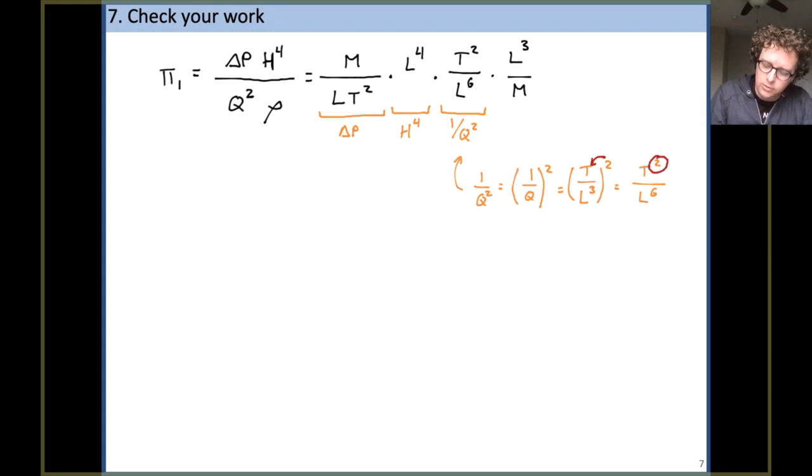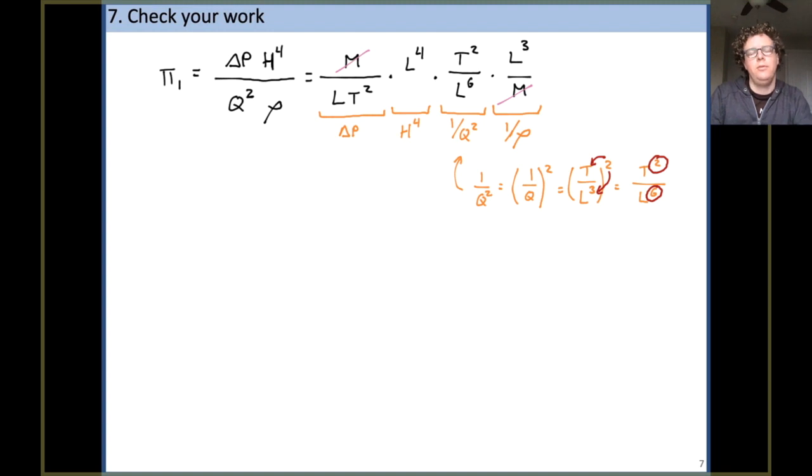So 2 times the exponent of 1 gives us a 2, and 2 times the exponent of 3 gives us a 6. That's where the units came from on my term for 1 over q squared. And then 1 over density would be that final term, which is apparently not written next, but I'll add it in. So that last term is 1 over density.